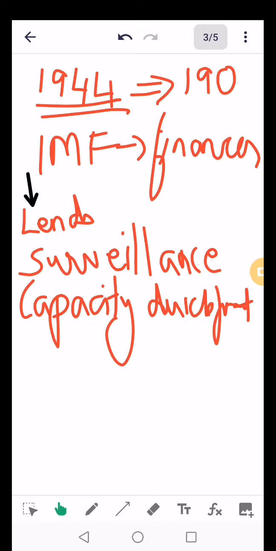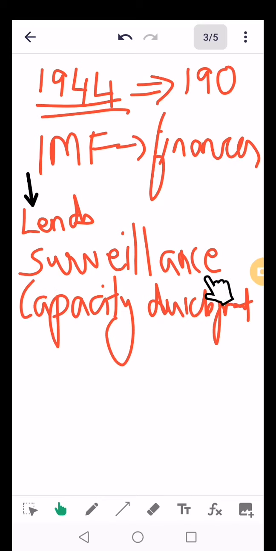And the next thing that it is doing is, most of the things are similar. So these are the main things that IMF does. Its finance is arranged by the subscription of the member countries. Then it lends to its member countries during times of difficulties. Then it even does the surveillance role.